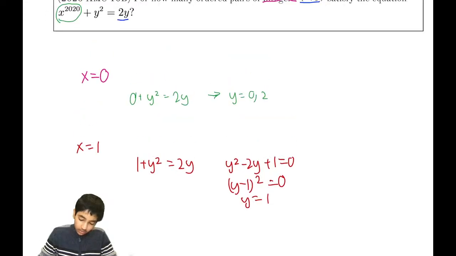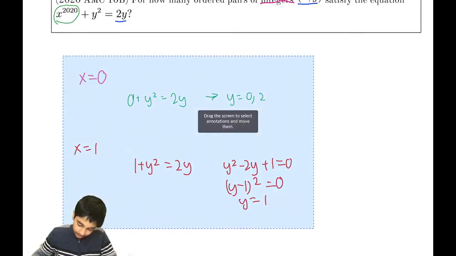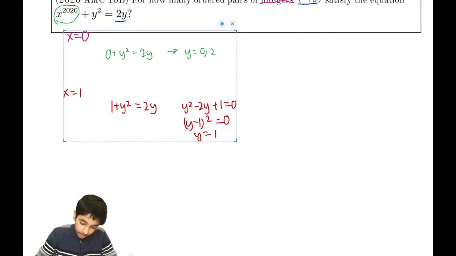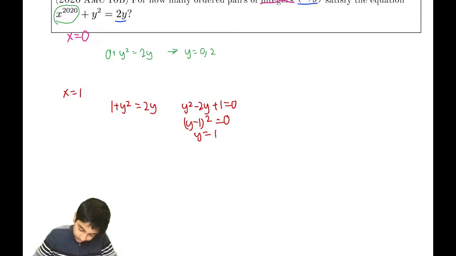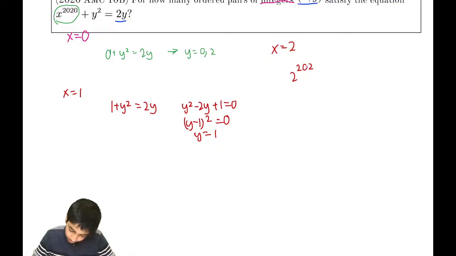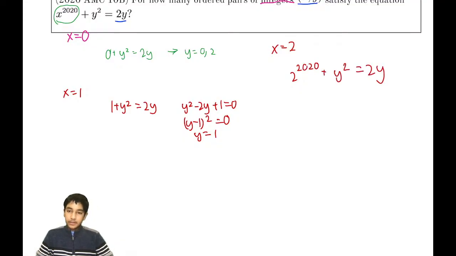Now what if x is 2? This is where things get a little bit tricky for this problem. So if x is 2, now we have 2 to the 2020 plus y squared equal to 2y. Is this even possible? Are there any solutions here? Well, I'm going to try solving this quadratic.